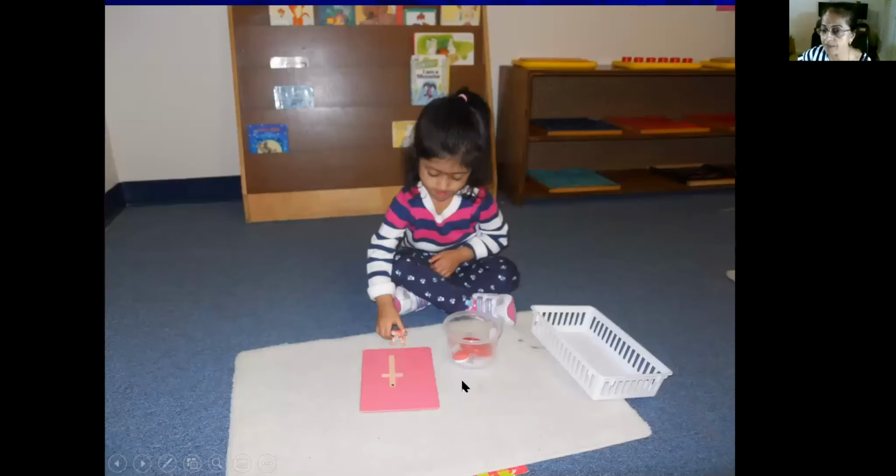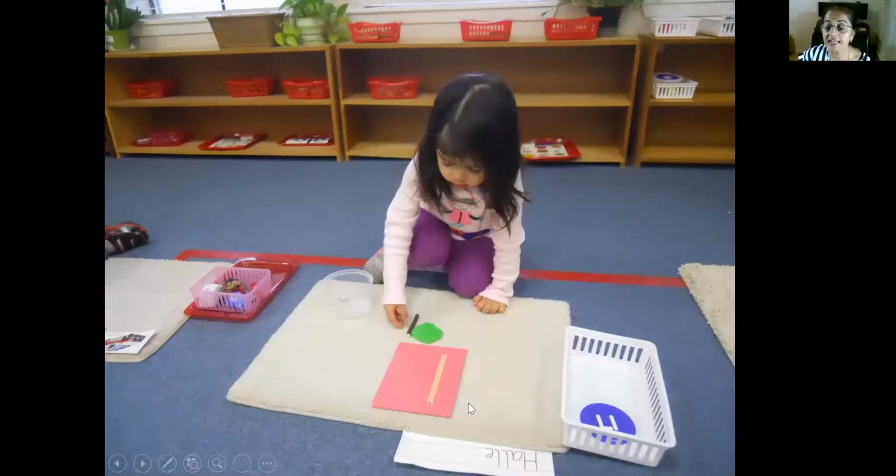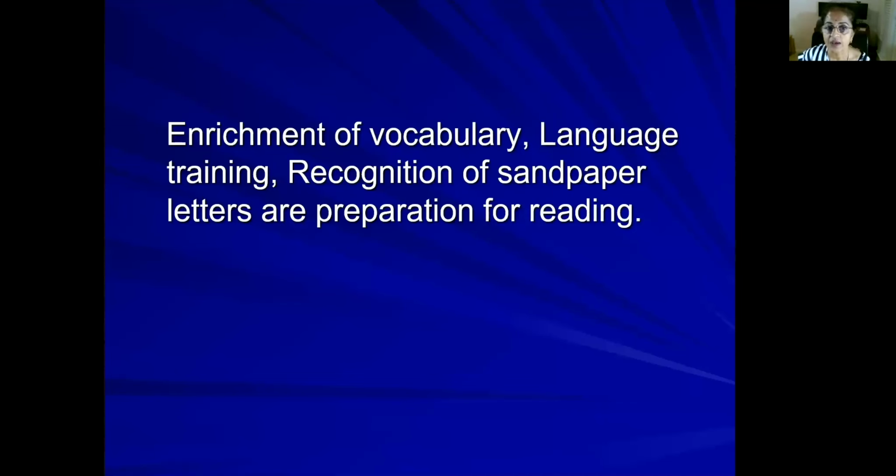Here is the sandpaper letter T, and the child is matching it with the objects. Here the child has a letter L, and she's matching it with those objects that go with letter L. Enrichment of vocabulary, language training, recognition of sandpaper letters are preparation for reading.